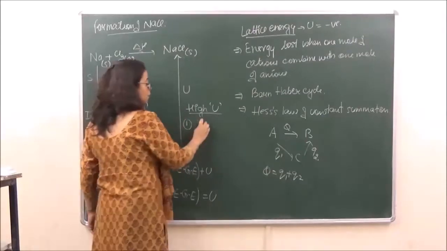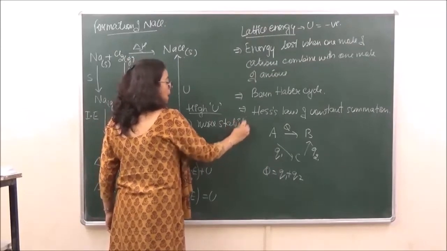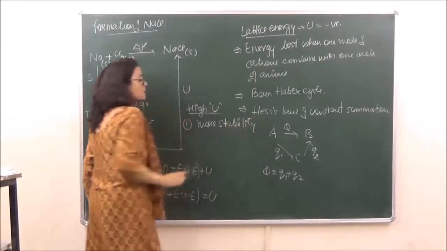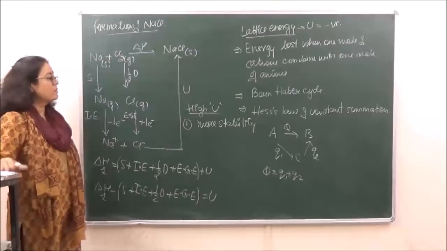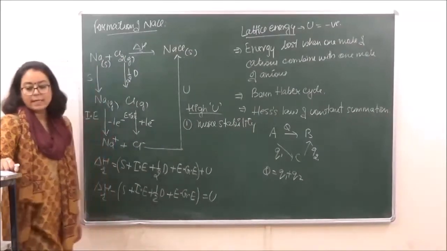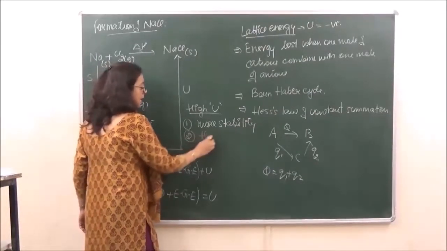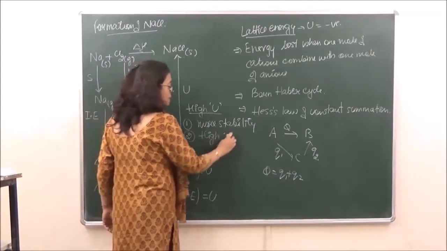Number one, they are going to be more stable. Why more stable? Because the system that is losing energy becomes more stable. Then number two, all those having high lattice energies have high melting points.